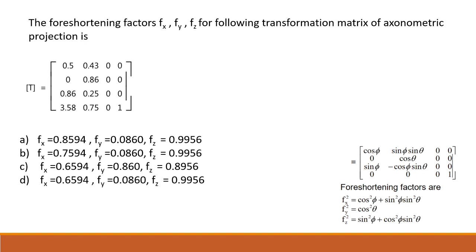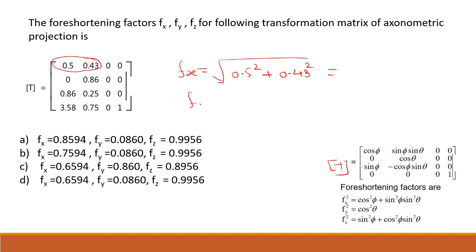Now let us see the next one. The foreshortening factors fx, fy, fz for the following transformation matrix of axonometric projection are. This is the transformation matrix for axonometric projection, and we want to find the foreshortening factors. You are already aware of the formula. The first row gives the foreshortening factor fx: take the square of both elements and add them under the square root, so root of 0.5 square plus 0.43 square.